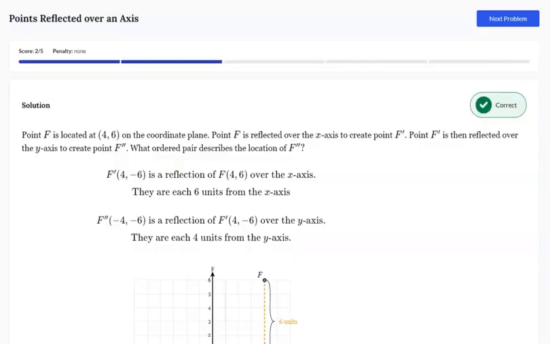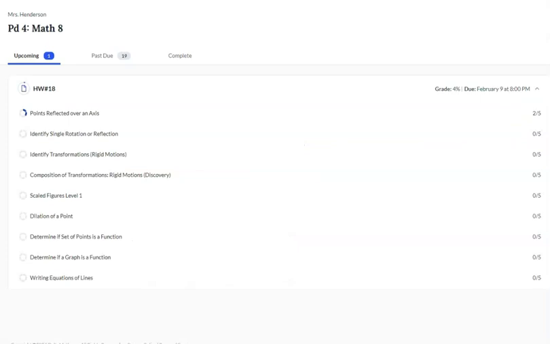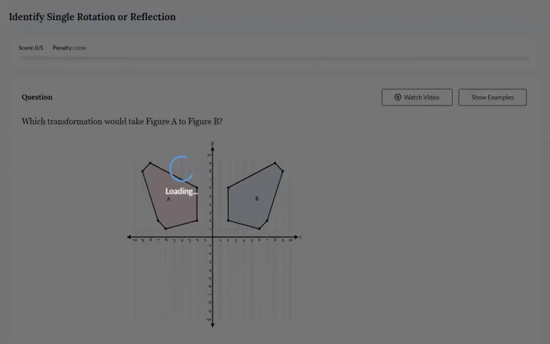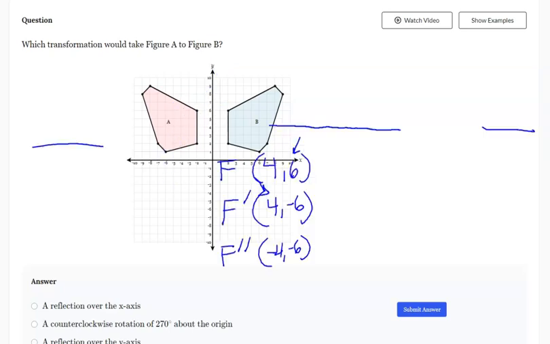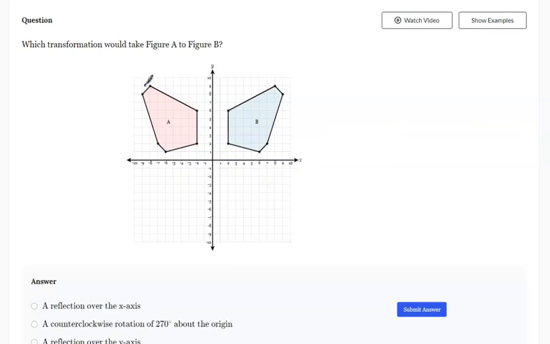All right, let's take a look at the next topic, which is identifying a single rotation or a single reflection. So for a reflection, you're either going to be flipping over the y-axis or you're going to be flipping over the x-axis. So for us, when I concentrate on this point here, I can see that it's on the same line, but on the other side of the y-axis.